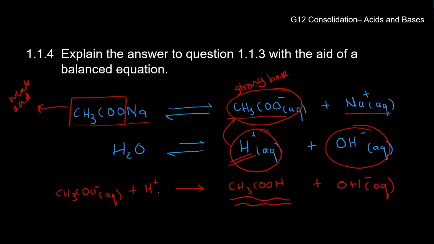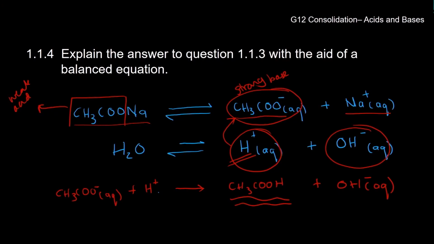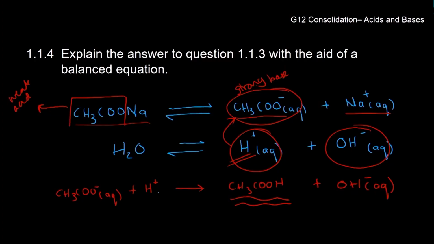The equilibrium is going to try and address that stress by making more H plus ions, so it is going to favor the forward reaction. By favoring the forward reaction, more hydroxide ions are going to be made as well as H plus ions. And because there are a lot more hydroxide ions being made, the pH is going to be greater than 7.